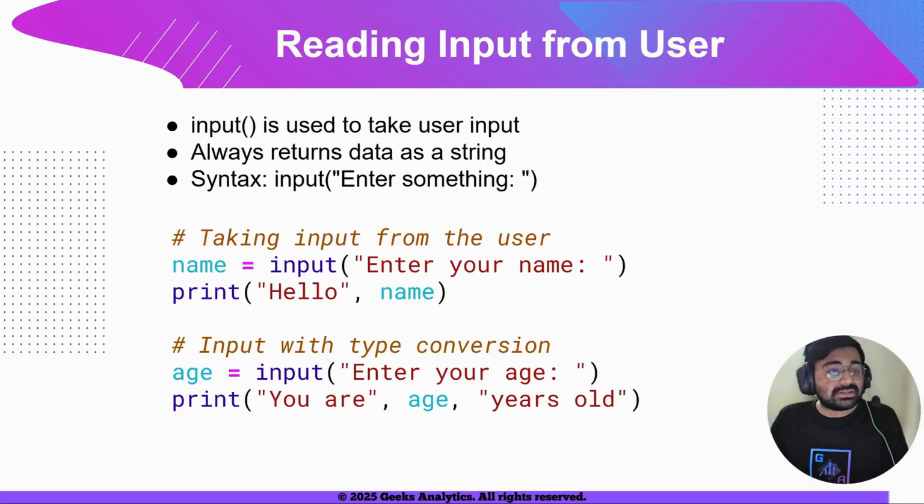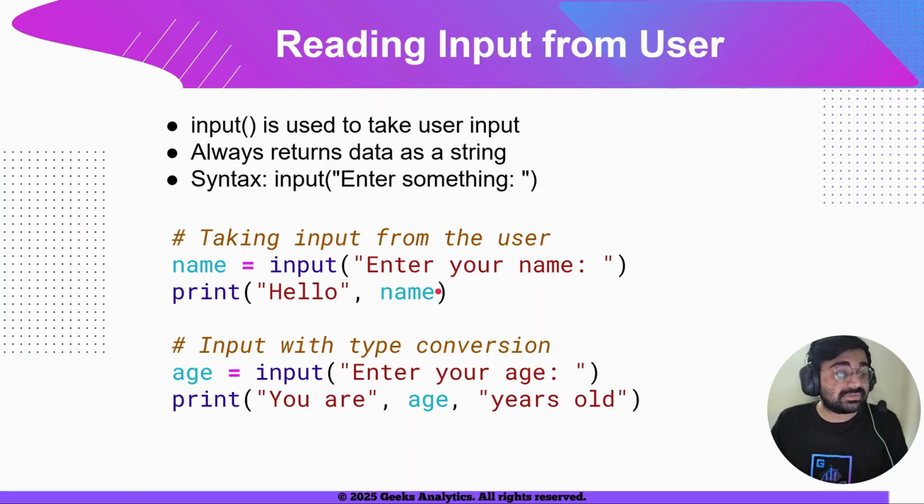To make programs interactive, we use something called the input function, which collects data from users. Important to note that whatever the user enters, Python reads this as a string. If you want numbers, you have to specifically convert that. In our code, we are taking the name as an input, so this by default will be considered a string.